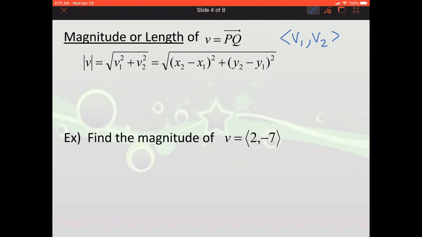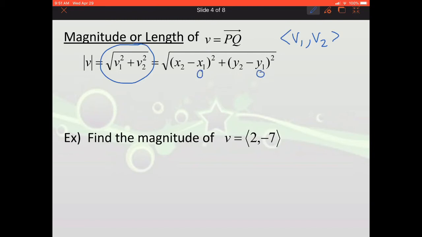So I could still use the distance formula. However, because the initial points are both 0, when you subtract, you just get v1 and v2. So if you have component form, to find the magnitude we can just use the square root of v1 squared plus v2 squared without having to use the distance formula, because for the initial point, both of these would be 0 if you were using that.